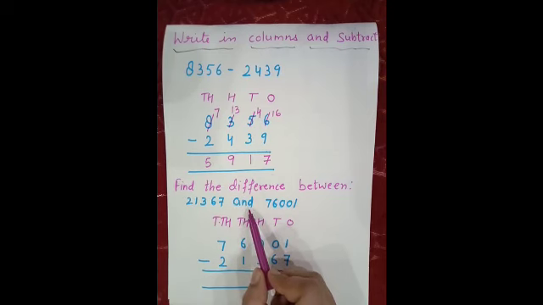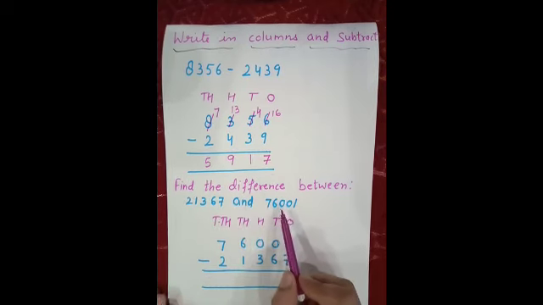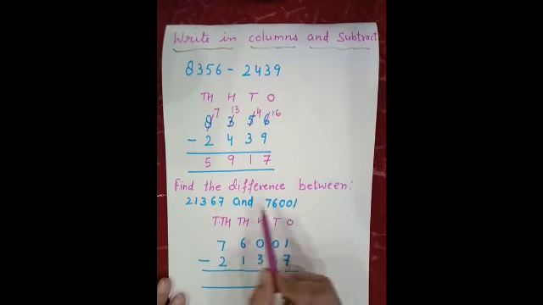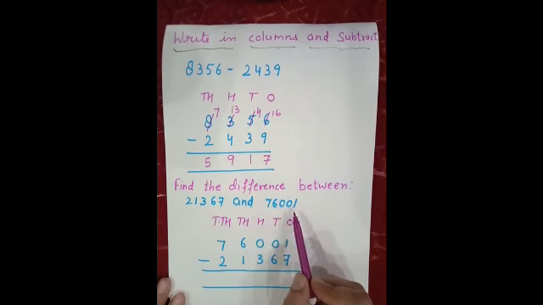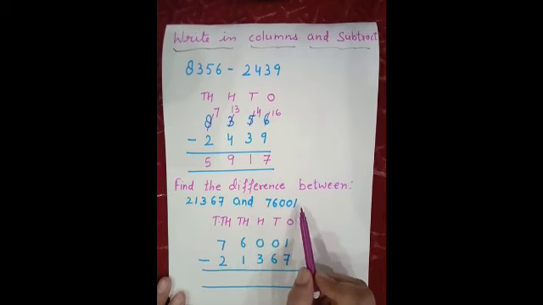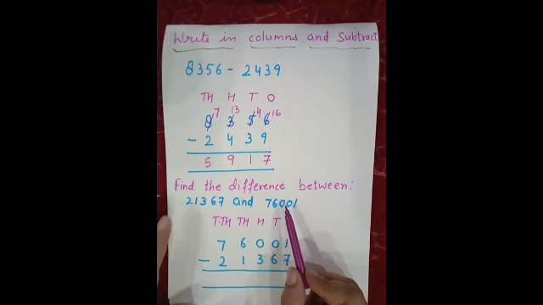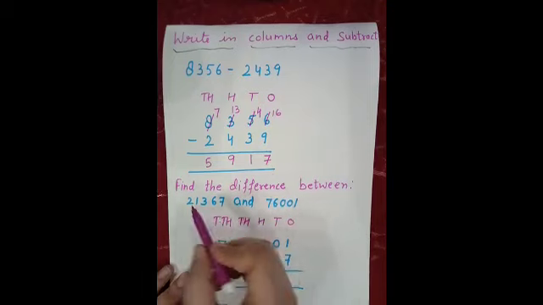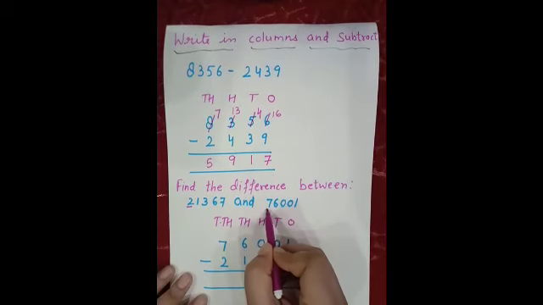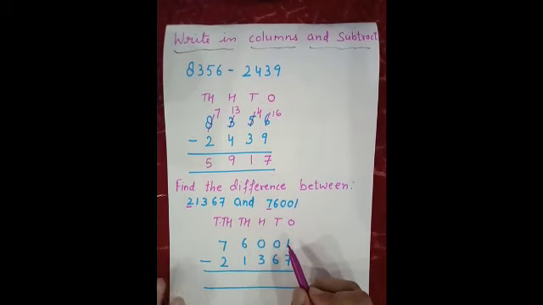Now here no subtraction sign is there. So we have to identify which number is greater. So for comparing, first of all we have to count the number of digits in both the numbers. Here in both the numbers we have 5 digits, means 5 places. When the number of places is the same in both the numbers, we have to compare the very first digit, which is at the extreme left end.